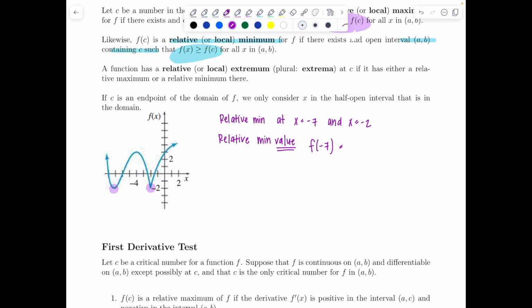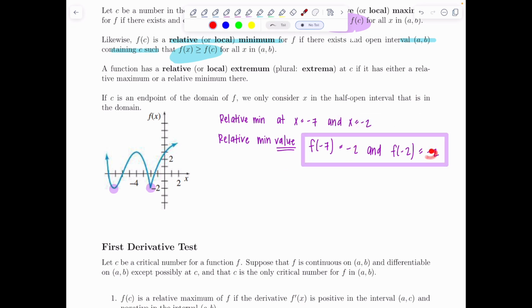That's the y value. So f of -7 is -2. And we had one more, f of -2, which is also -2. So this is really the best and most complete way to write your answer, because when you're asked for the relative min or max value, we want the function value, and then I'm also able to identify where they occur since we're using function notation so nicely.